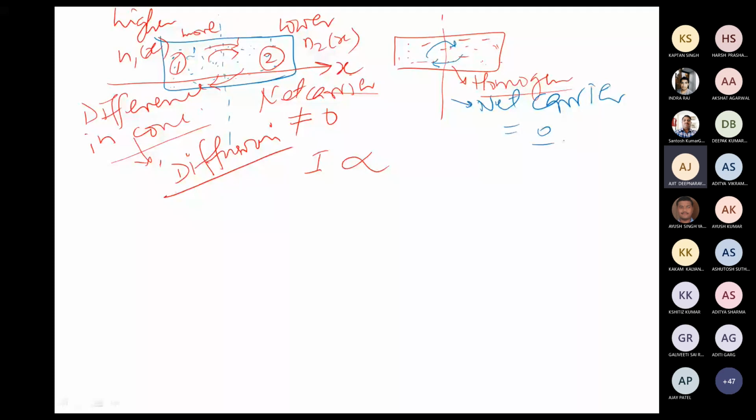Actually, in general, it may be present in three dimensions. To simplify our life, we have just assumed that it is present in only one direction.